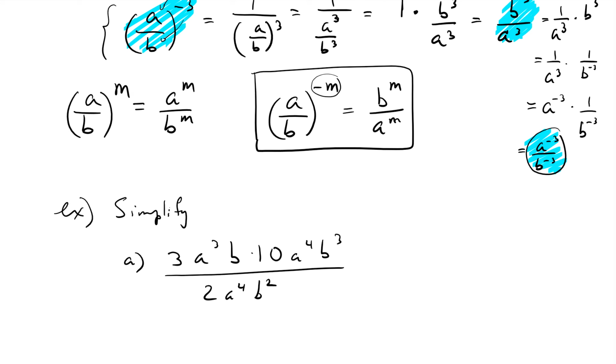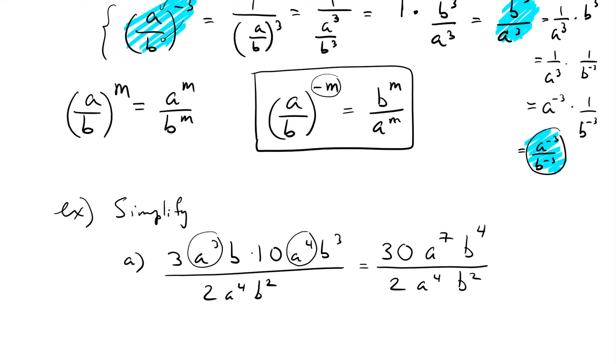First of all, I recommend simplifying your numerator and your denominator first. So 3 times 10, that's 30. A cubed times a to the 4, that's a to the 7. And I've got b times b cubed, so that's b to the 4. And below, there's nothing to do.